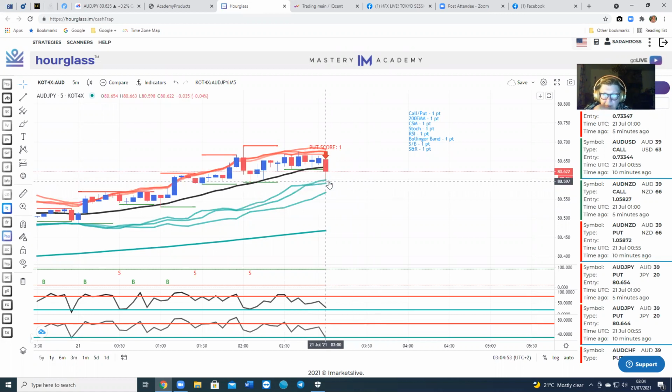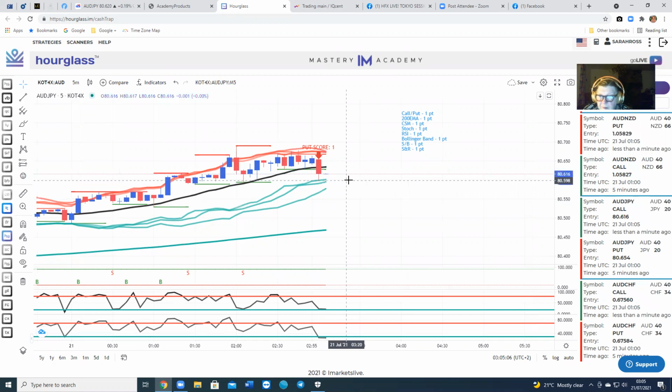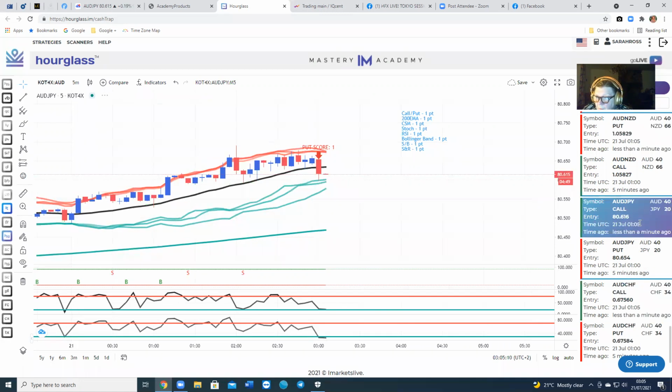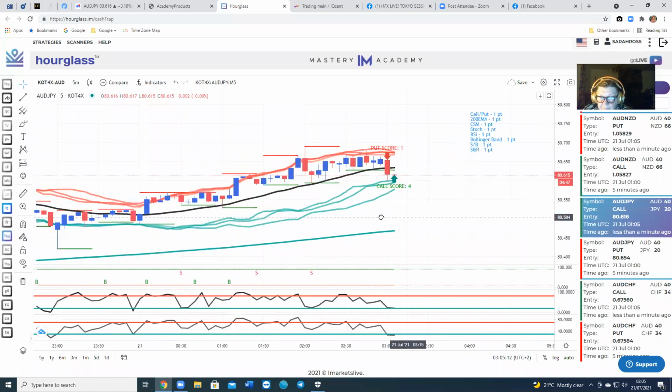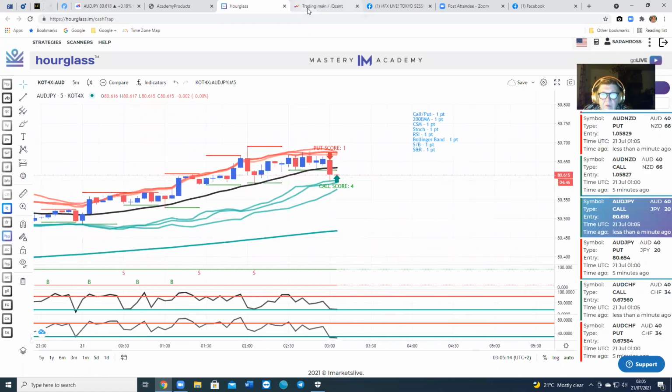Right down to the other side of the Bollinger Bands. Call at 616. Call score of 4.